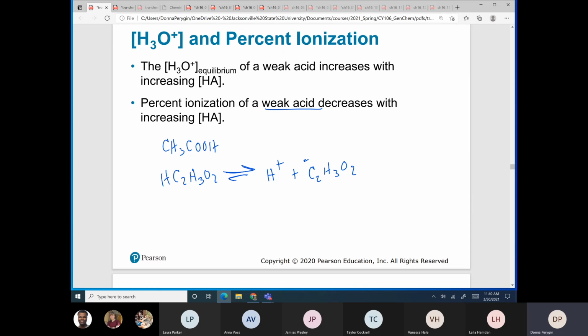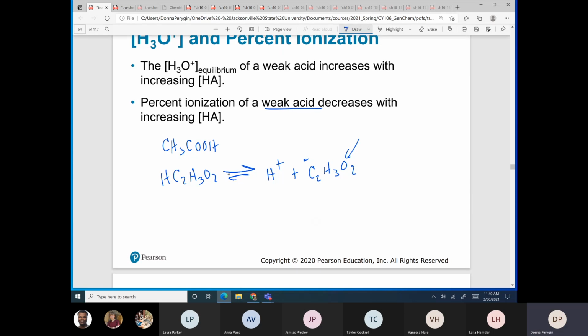So remember, because of Le Chatelier's principle, if we add in more of the acetate, it's going to drive it in the reverse direction. And if we add in more of the H plus, it's going to drive it in the reverse direction. So adding more product drives it in the reverse direction.